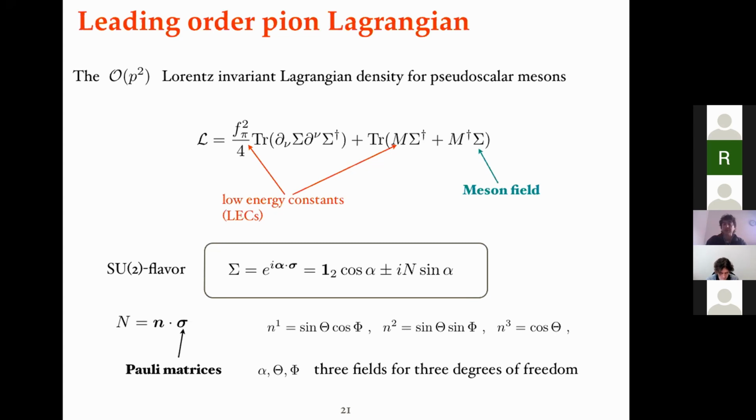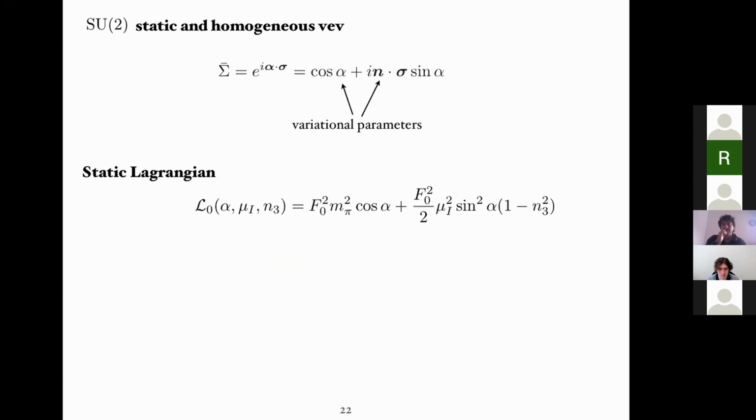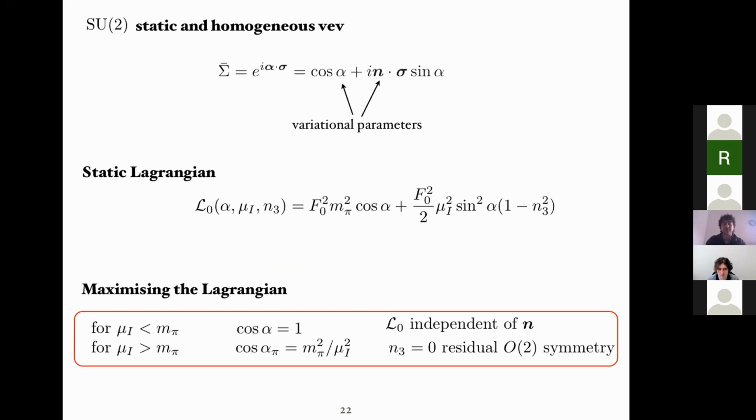The very good thing about chiral perturbation theory is that at least at tree level, it is quite easy to get results. If you just plug the static and homogeneous ansatz, now called sigma bar, in the Lagrangian, you get this expression here, and by simply maximizing the Lagrangian, you get the first order phase transition.